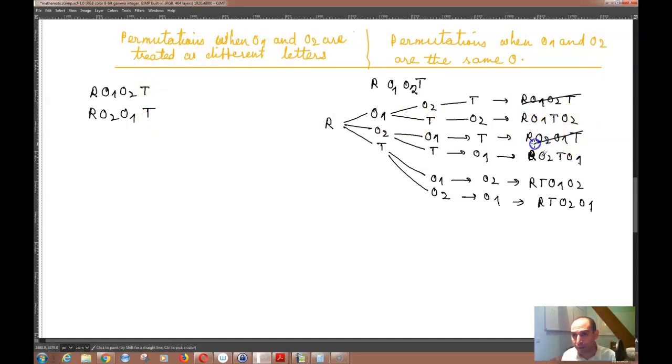And then you have, for example, RO1TO2, RO2TO1. So you can write these two together.